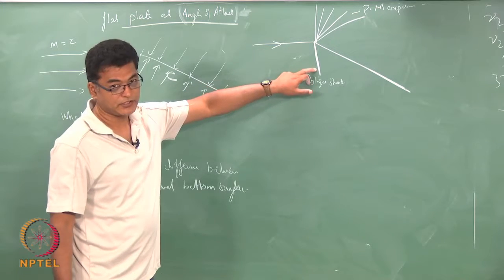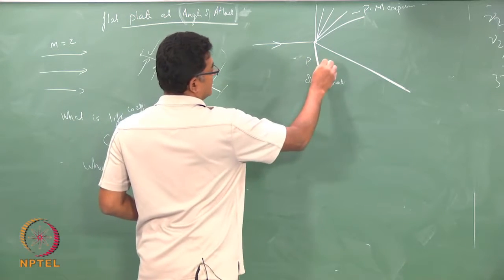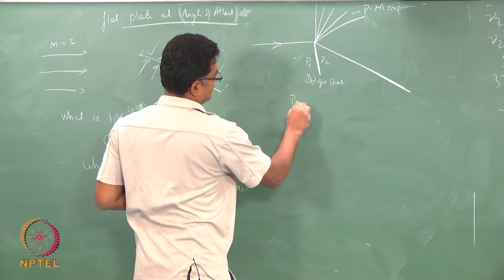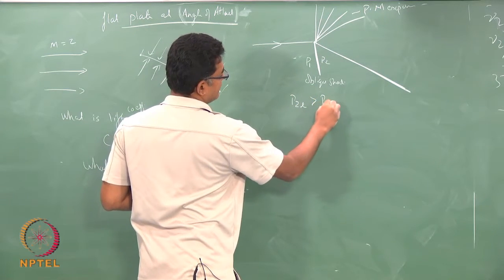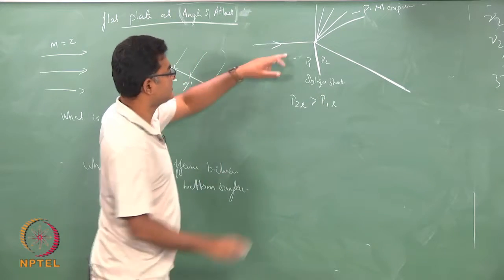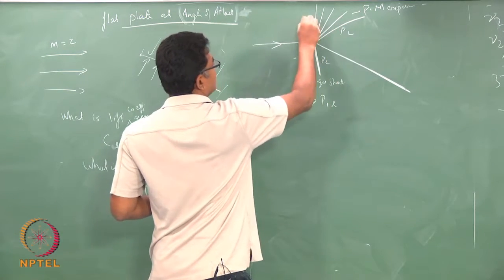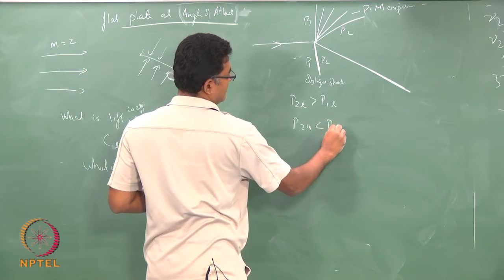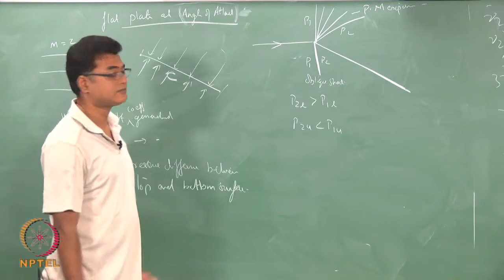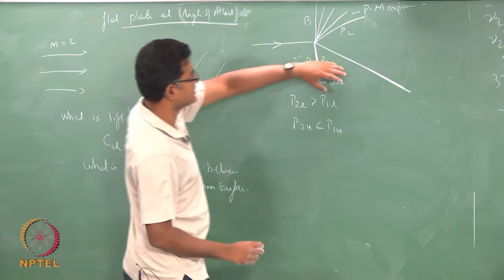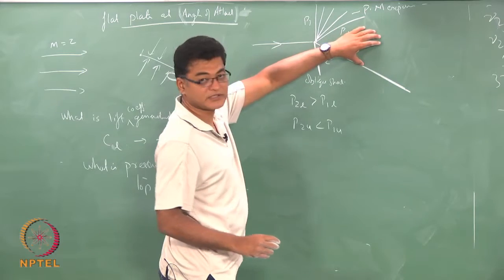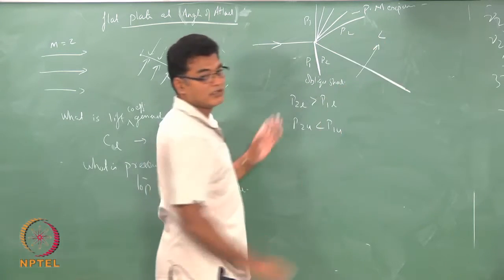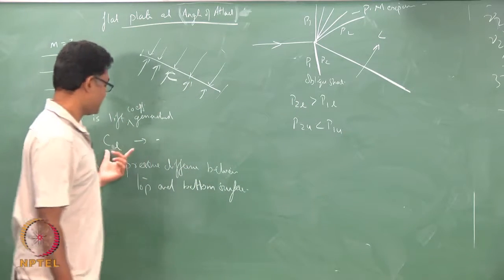Obviously, when there is a shock, P2 lower is going to be greater than P1 lower, whereas P2 upper is going to be less than P1 upper, because it is an expansion. So this pressure is going to be more and this pressure is going to be less, and hence there will be a lift generated, and the coefficient of that is what is being asked.